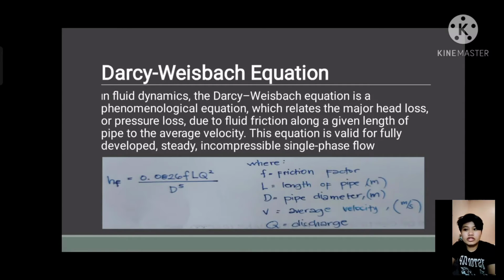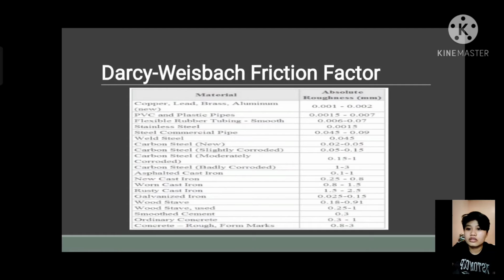So the formula is hf equals 0.0826 f L Q squared over D raised to 5, where f is the friction factor, L is the length of pipe, D is pipe diameter, V is average velocity, and Q is discharge. These are some materials used and their equivalent absolute roughness.